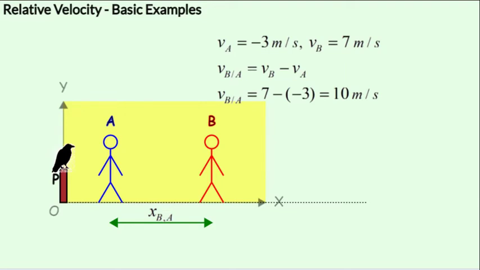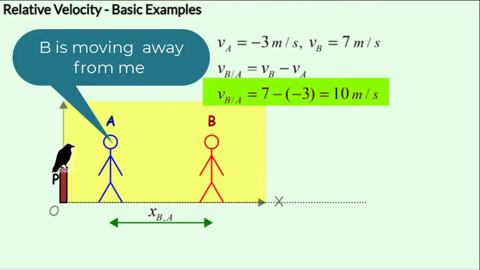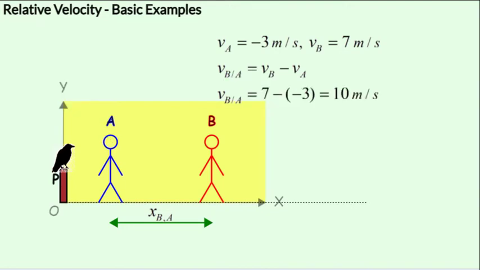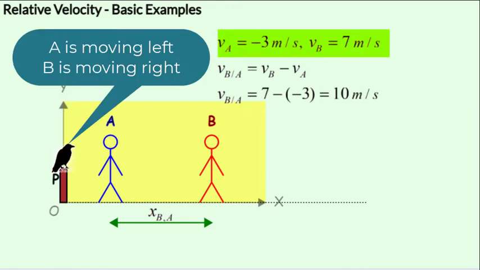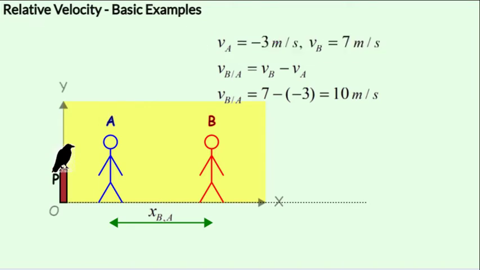From A's perspective, A is always at rest. Therefore, he feels that B is moving away from him in the positive x direction with a velocity of 10 meters per second. But the bird as the observer sees A approaching it at 3 meters per second, whereas B is moving away at 7 meters per second.